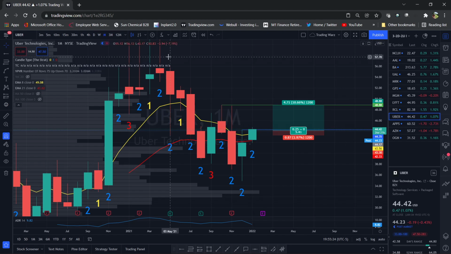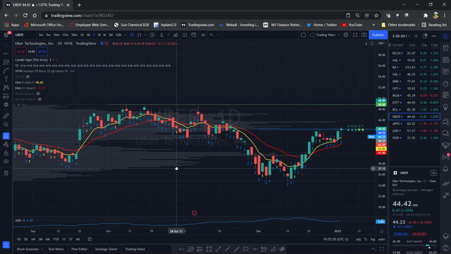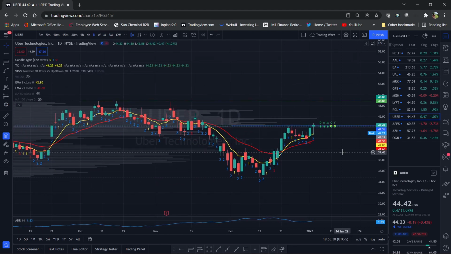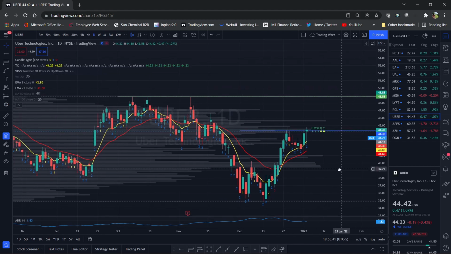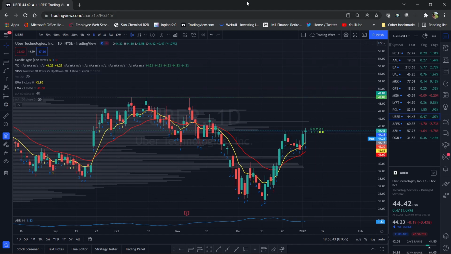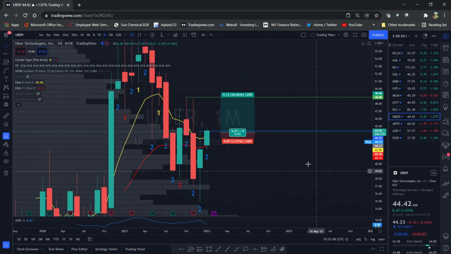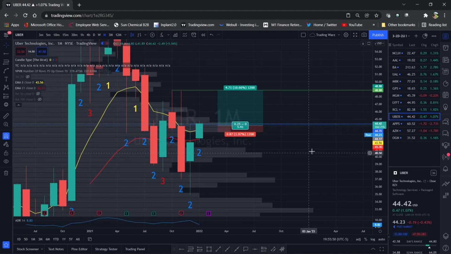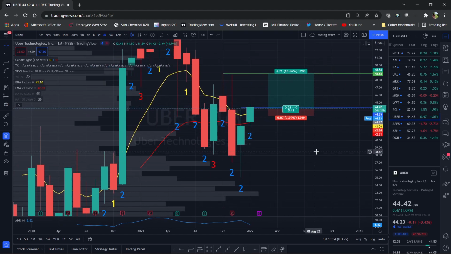It should perform well now that it's back above that resistance right here. So just a little bit. Let me go to the monthly. Oh yeah, I threw this on here because this wasn't that true 3-2. I think I just wanted to talk about this one because Eva was in it.